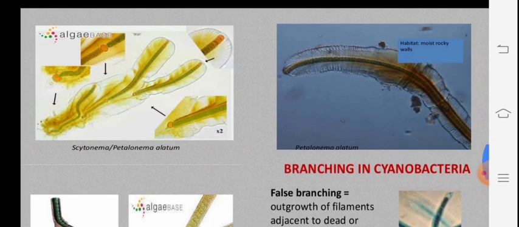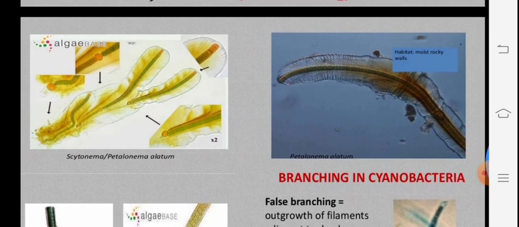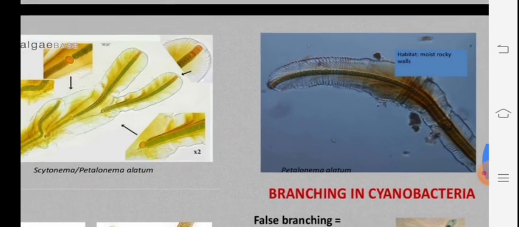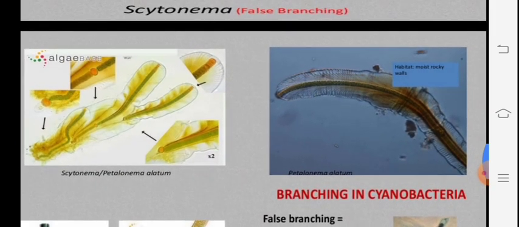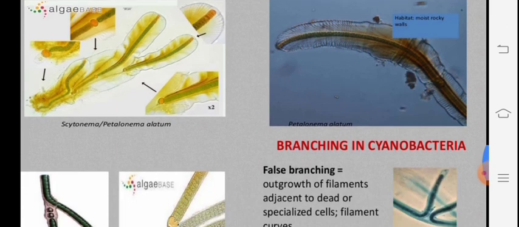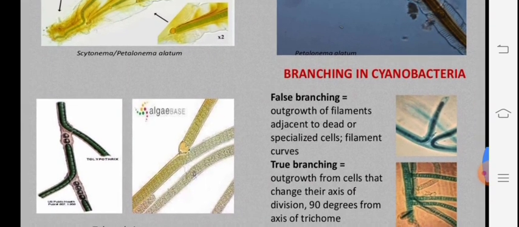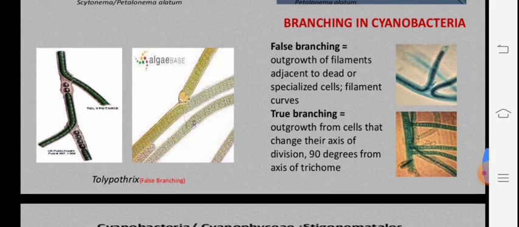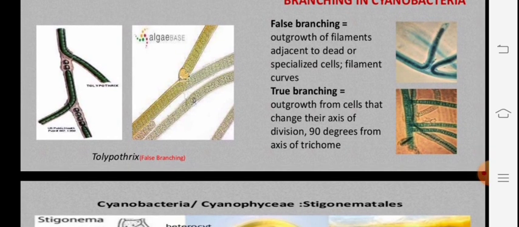Then in algae, the Scytonema or Petalonema is the one genus there. You see the appearance. Then branching in this Scytonema. Then in branching, false branching and true branching are also there. So in false branching, outgrowths of filament adjacent to the dead or the specialized cells.